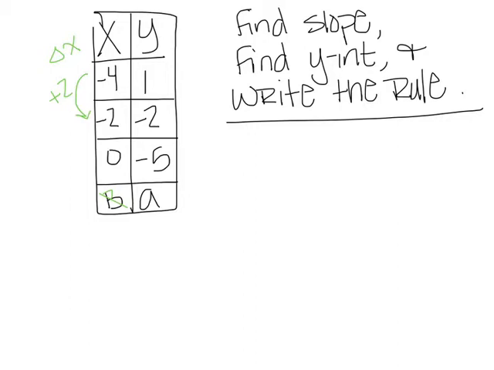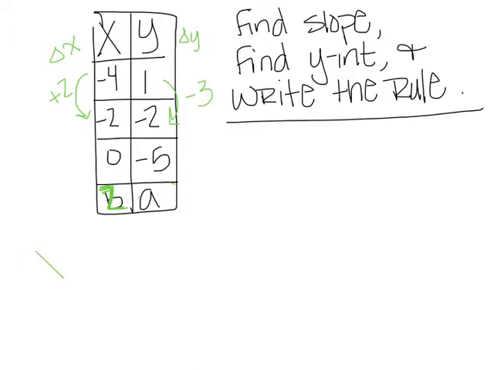All right, let's do the change in y, our delta y. From 1 to -2, we would subtract 3. Let's see if that works every time. 1 minus 3 is a -2. -2 minus 3 is a -5. It's working, so let's keep it going. -5 minus 3 is a -8. So we know that this a value is a -8.